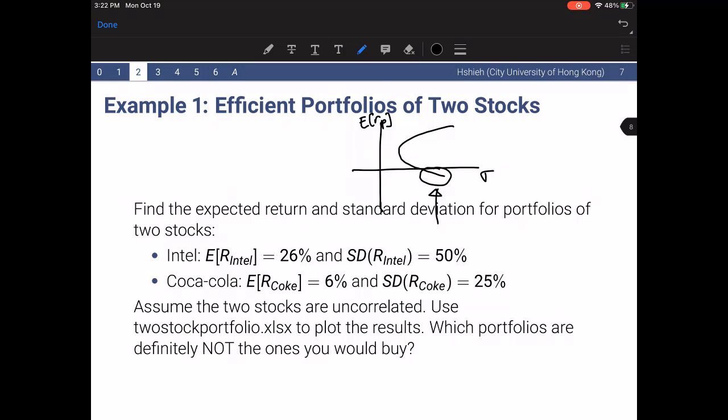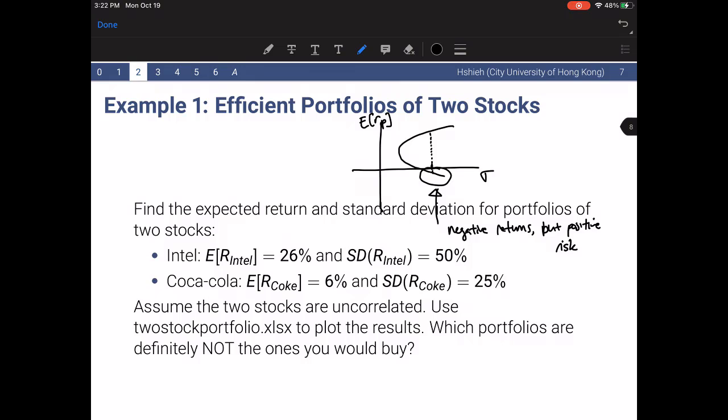So let me summarize. This is negative returns but positive risk, right? That's definitely something you don't want, because you get worse than nothing, and you have more risk. It's definitely a dominated portfolio, because for any kind of risk here, let's hold risk constant, so let's draw a dashed line here.